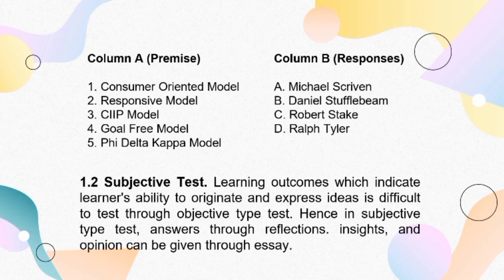Column A, premises. First, consumer-oriented model, responsive model, CIPP model, goal-free model, and the last is Phi Delta Kappa model. Column B, responses. A. Michael Scriven, B. Daniel Stufflebeam, C. Robert Stake, and D. Ralph Tyler.